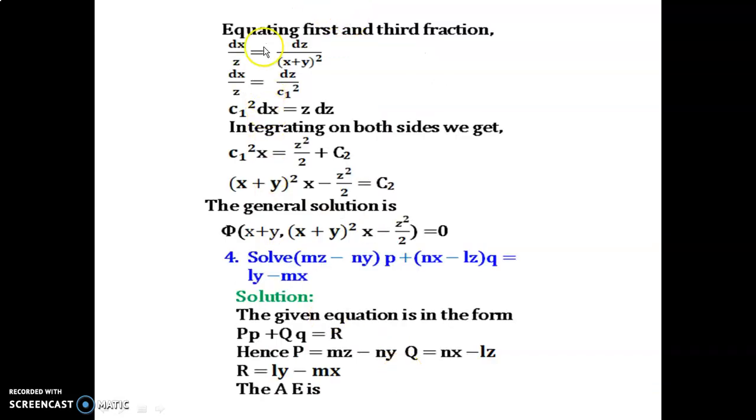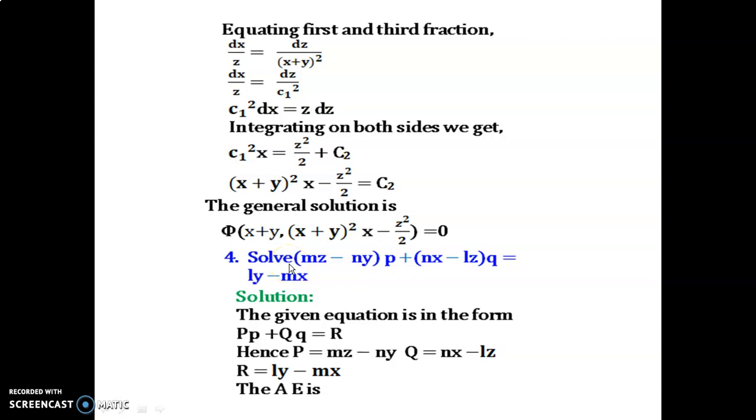So equating the first and third fractions, we will use the value of x plus y as C1. So dx by z equal to dz upon x plus y bracket square, where the value of C1 is x plus y. C1 is a constant, so it goes to dx and z dz. Now we can integrate: integration of 1 is x, integration of z is z square by 2. Thus we get C2. Hence the general solution is phi of C1, C2.